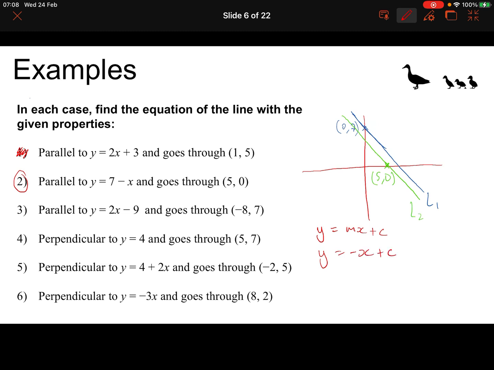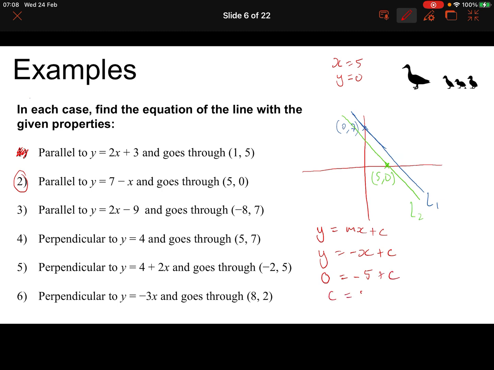How do I find c? Easy, because I'm told a point that the line must pass through. If x is equal to 5, y is equal to 0, so I substitute those values into the equation. So y is 0 when x is 5, giving -5 plus c.